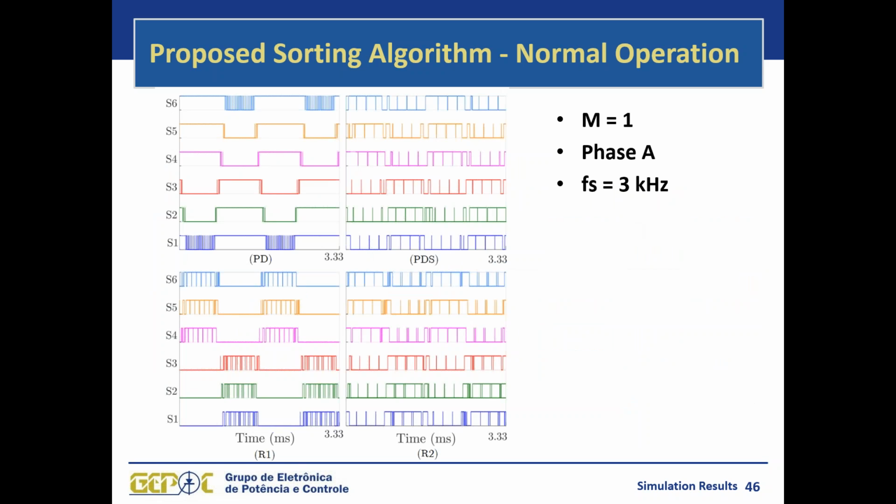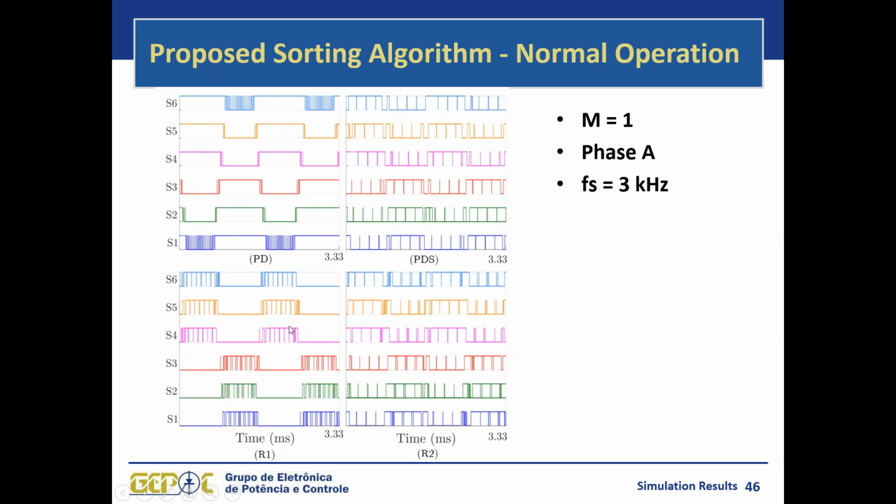So in this other slide here, we make some comparisons among the classical PD modulation for this converter with modulation index equal to 1 and sampling frequency of 3 kilohertz. These are the results for reference R1 that I have mentioned on the literature review.